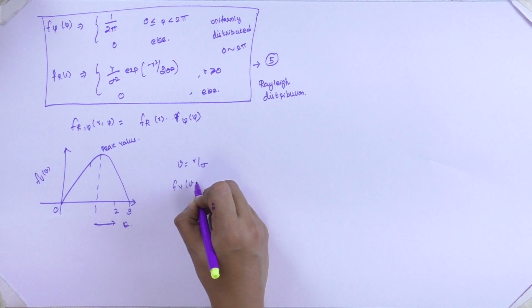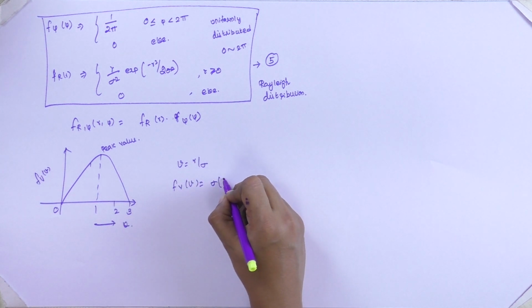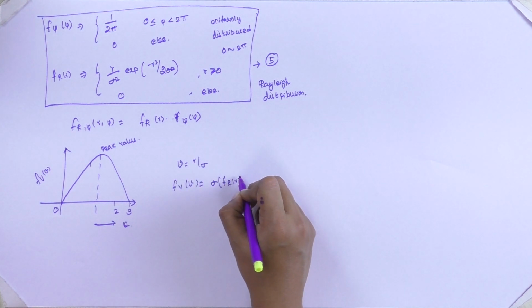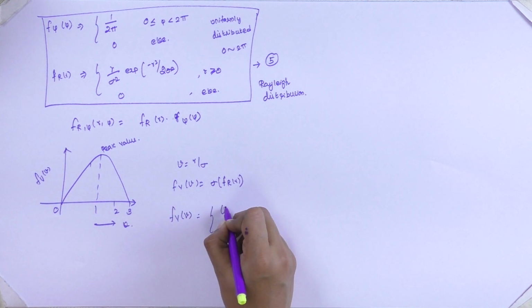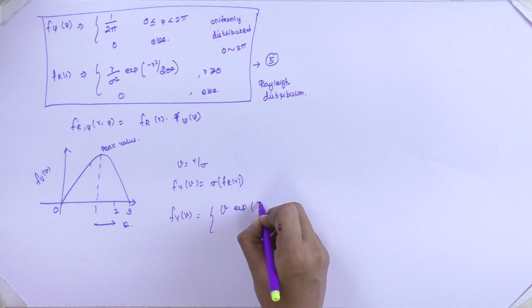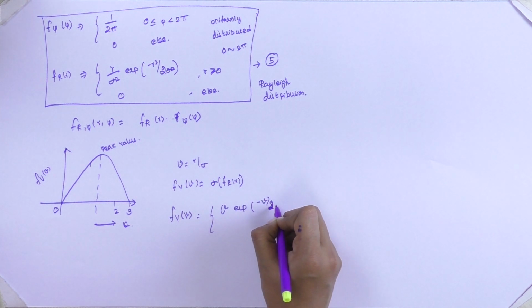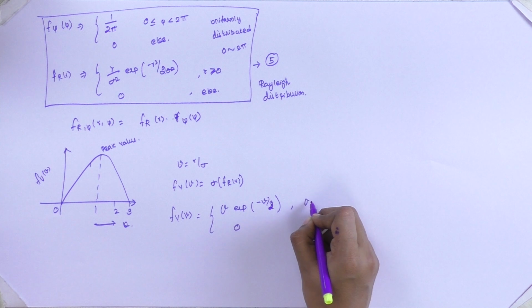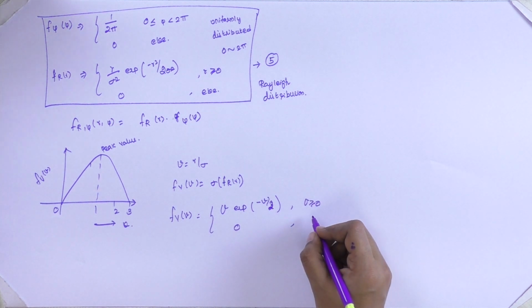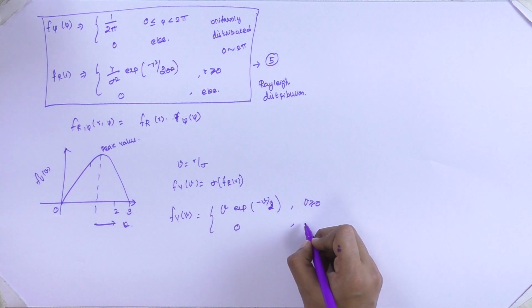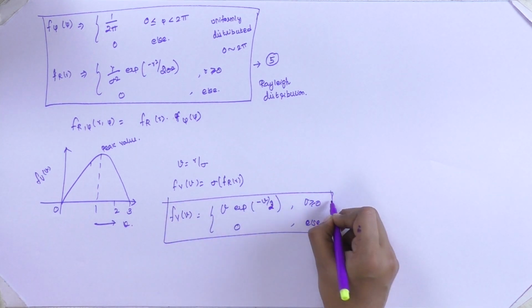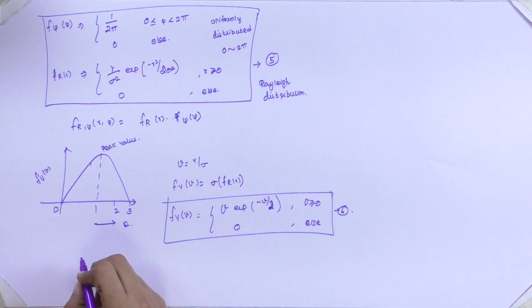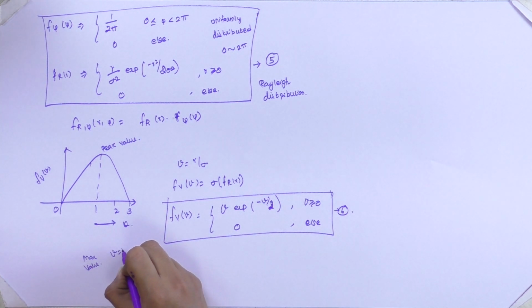Therefore, we can represent it in normalized form: f_V(v) is equal to v into exponential of minus v² divided by 2, for v greater than or equal to 0. When we normalize equation number 5, this can be represented as equation number 6. So, the maximum value is at v equal to 1.